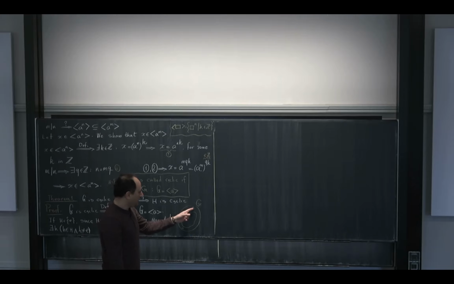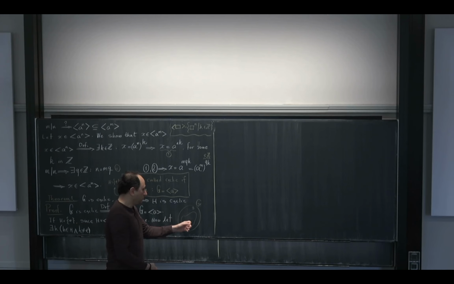So if a is outside, a to power 2, where is a to power 2? It's definitely in G. But it might be inside H, we don't know. If a^2 is not inside H, let us consider a to power 3. a to power 3 is definitely in G, okay?